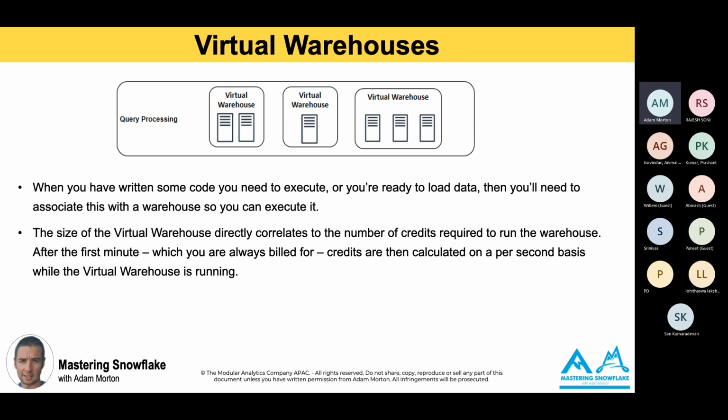When you start a virtual warehouse running, the first minute, the first 60 seconds, you're always billed for that. After that, credits are calculated on a per second basis, only when the virtual warehouse is running. So you can start to see this flexibility gives you quite a nice balance between cost and performance. You're only paying for the actual resources that you consume.